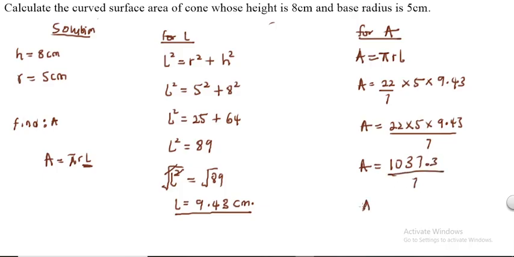So the area is equal to 148.19 to 2 decimal places, and the unit is centimeters squared.